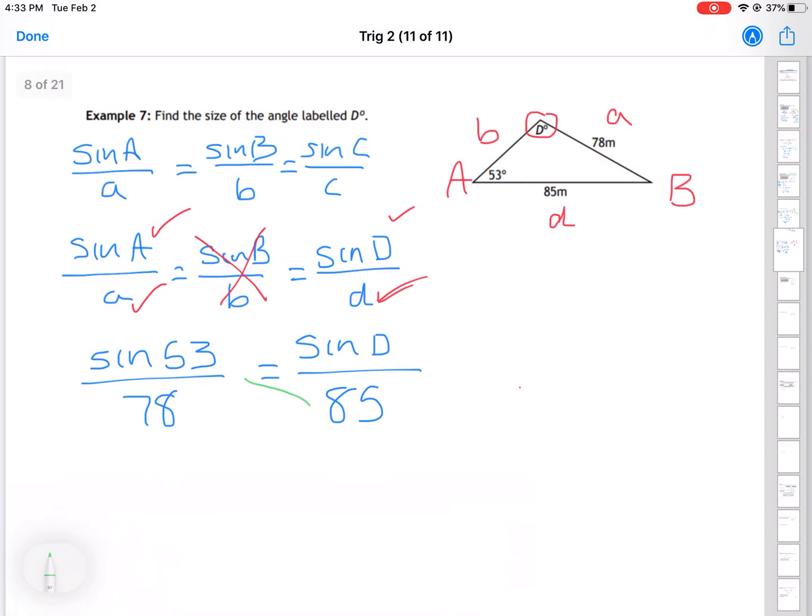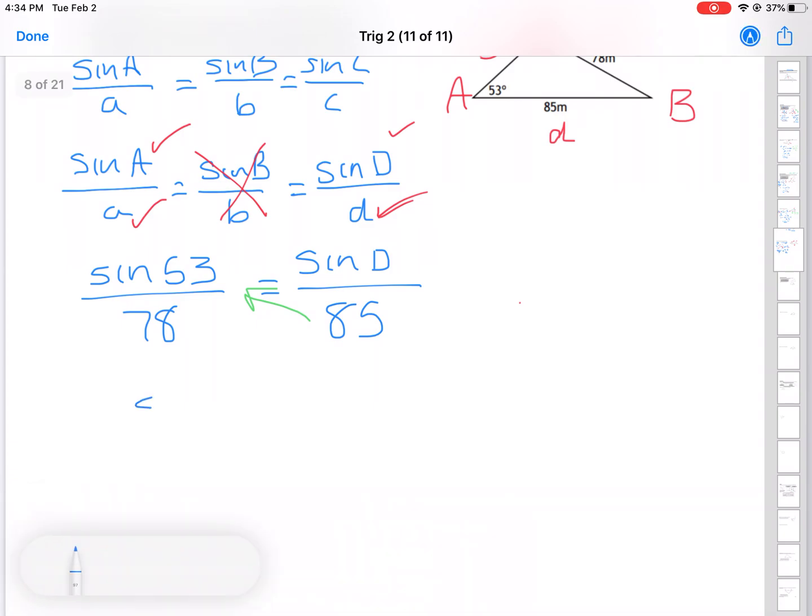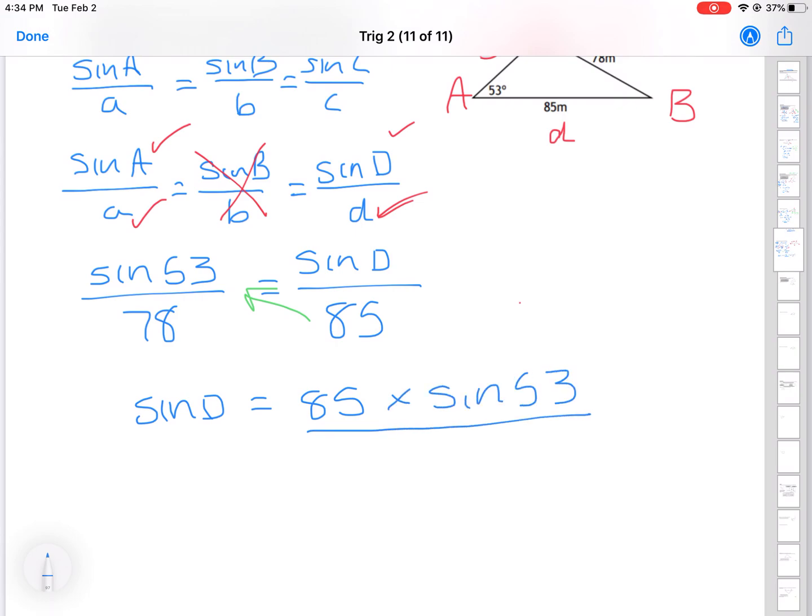Times that 85 up. And I'm also in this step going to swap the sides as well. So that will give me sine D equals 85 times sine 53 all over 78.